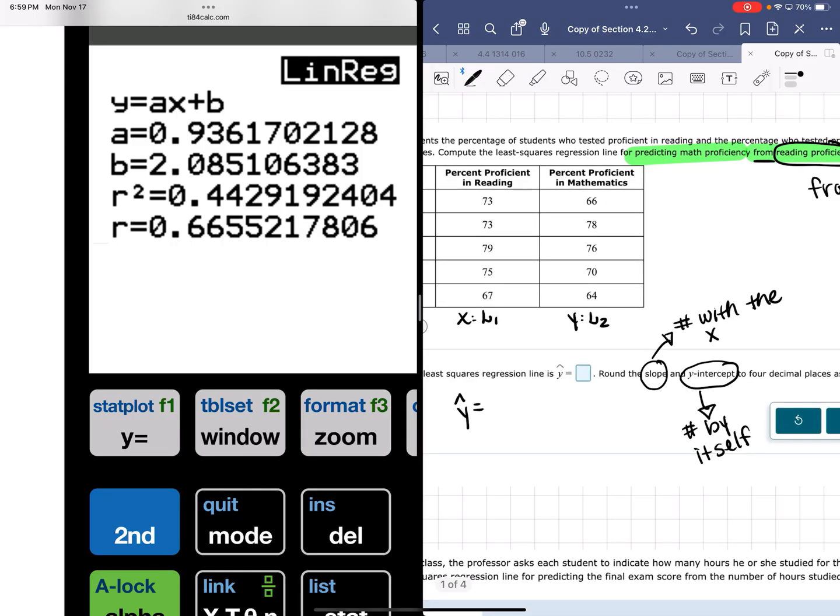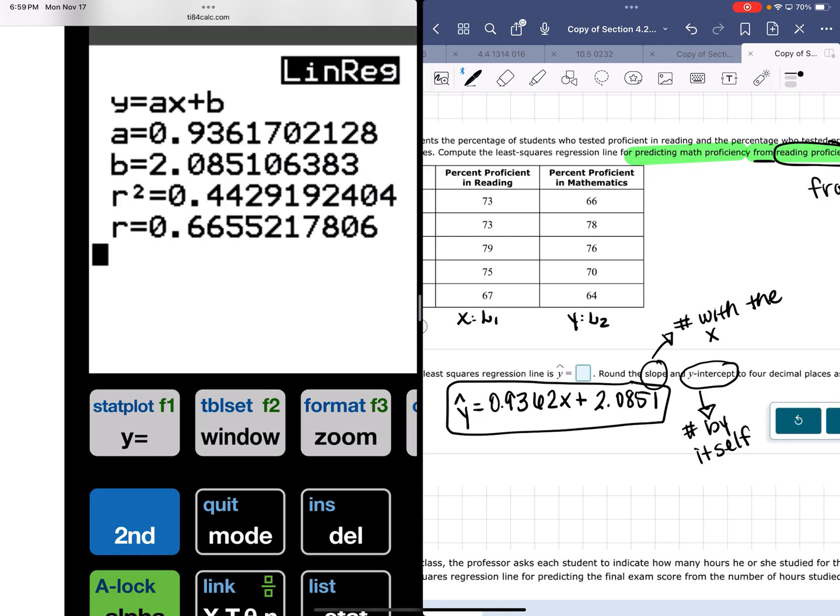So I've got 0.9362 X plus 2.0851, right? Okay.